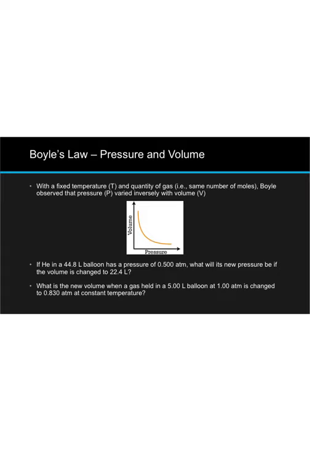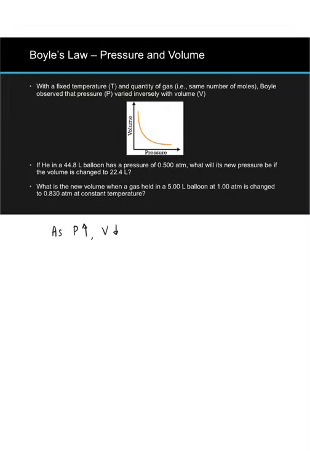So as pressure goes up, volume goes down for a gas, which makes intuitive sense. If we applied pressure to a gas, if we compress a gas, we expect it to decrease in volume. As pressure goes up, volume goes down. Graphically, if we plotted the pressure of a gas versus the volume of a gas, we would expect an inverse relationship.